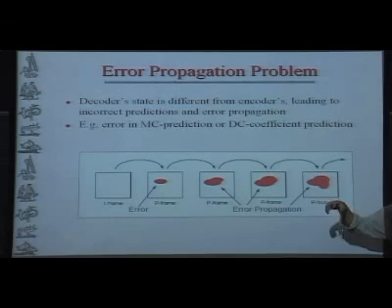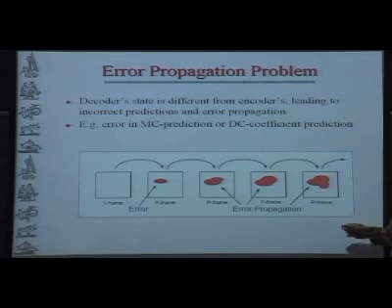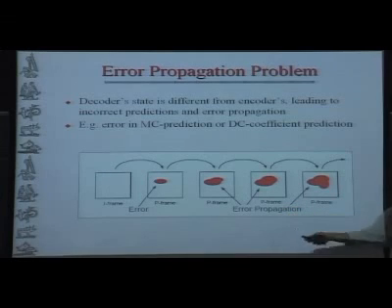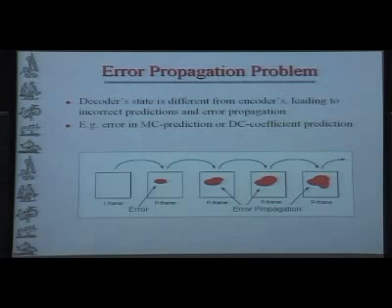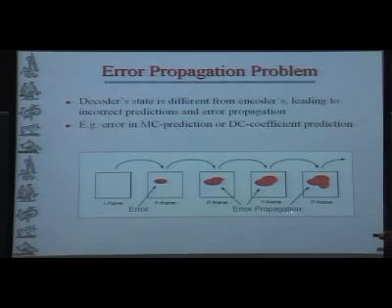And then after about a second or so, everything is okay, because the next I frame comes. That's your saving. The I frame is very nice, especially when your channel has a lot of errors. So that's the type of error we call error propagation.